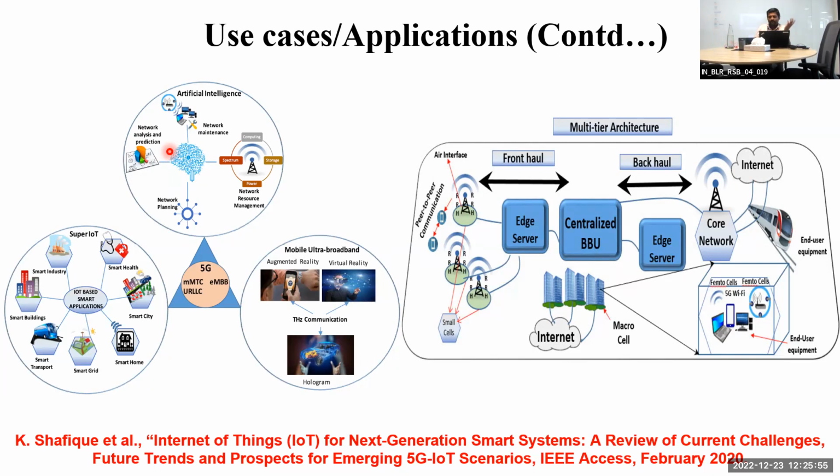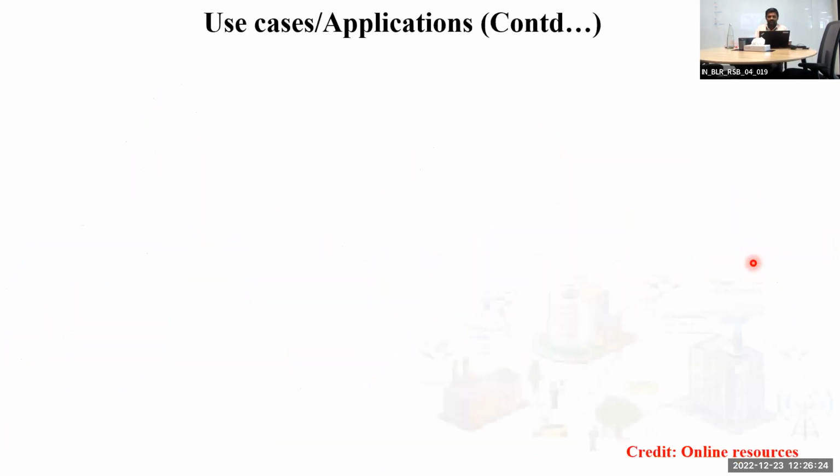Back haul means the core network where your user gets authenticated and also many accounting and switching mechanisms happen. So here is the multi-tier architecture. You can see macro, micro, all are coming together. For example, internet, and the end user equipment can be a railway or anything. So small cells, all are coming up to cater for these kinds of applications.